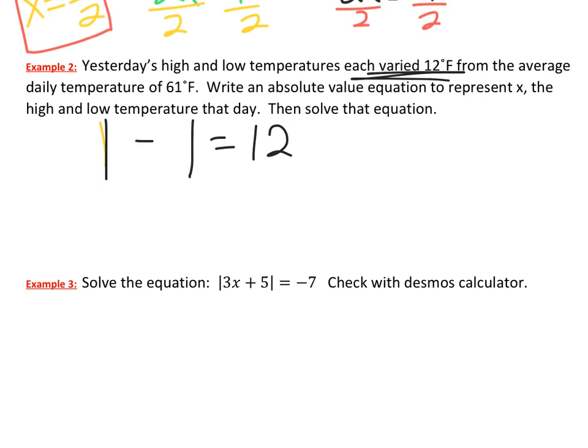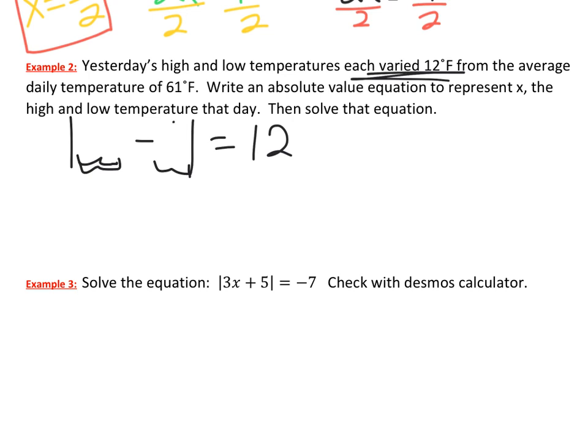Next, inside the bars, it's always going to be a minus sign. Or at least every absolute value word problem I've come across has been a minus sign. The rest of the setup will be either the average minus a specific amount, or a specific amount minus the average.